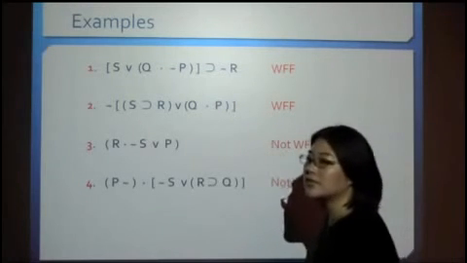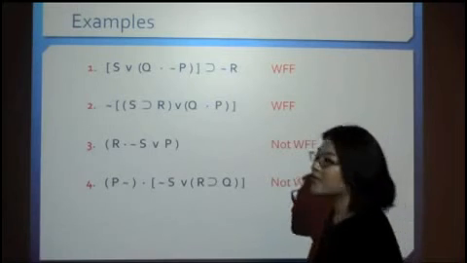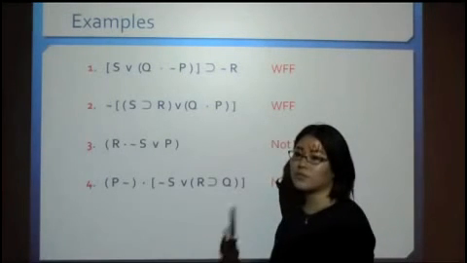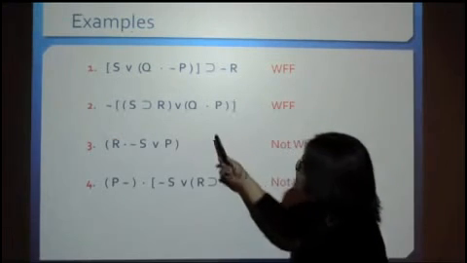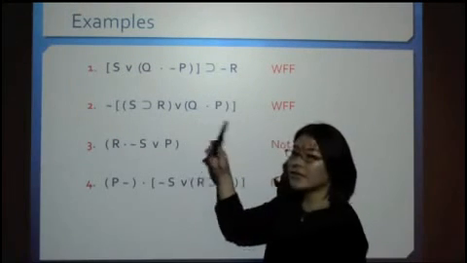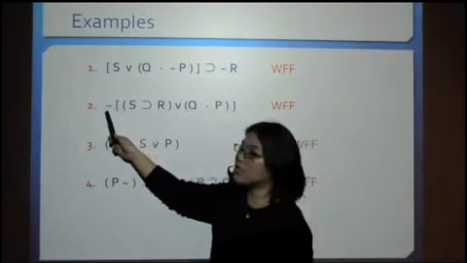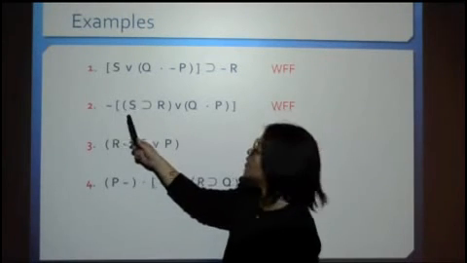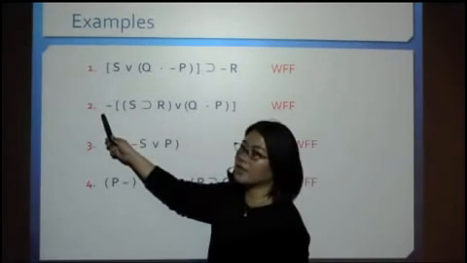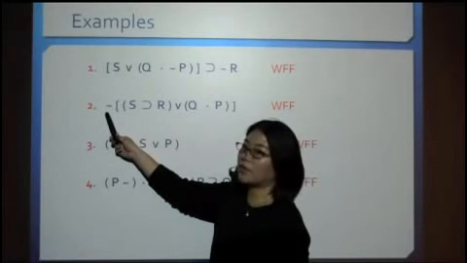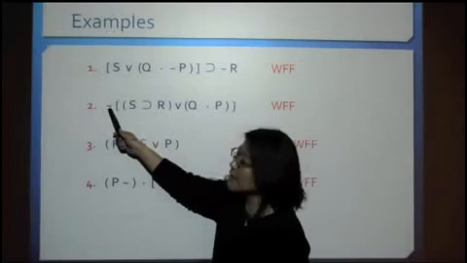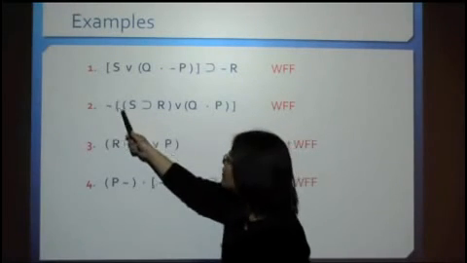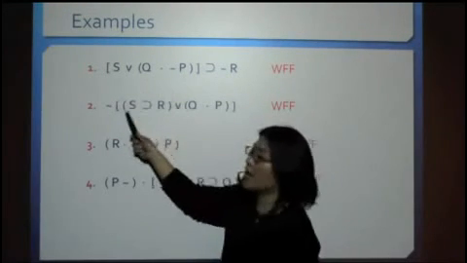Number 2 is also an example of a well-formed formula. Okay, it follows all the rules to be a grammatically correct statement in propositional logic. So here we see that, again, the negation sign here is being used appropriately. Why? Because it occurs in front of the statement that it is negating on the left-hand side. Okay, so the statement that this negation is negating is everything that's inside this bracket.